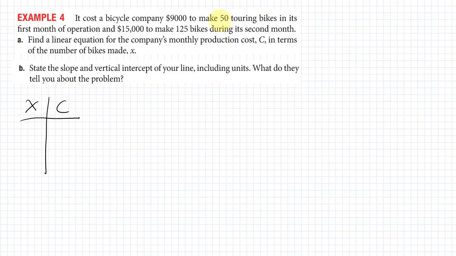So 50 touring bikes is the number of bikes made, which means x equals 50 there. And the cost, that's what c is, the production cost, is 9,000. And to make 125 bikes, that's going to be a cost of 15,000.